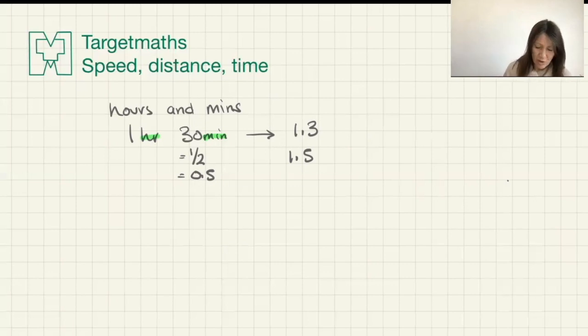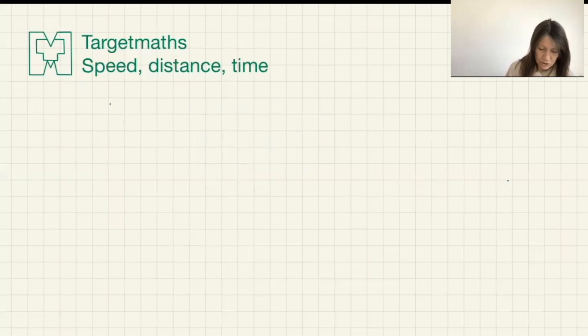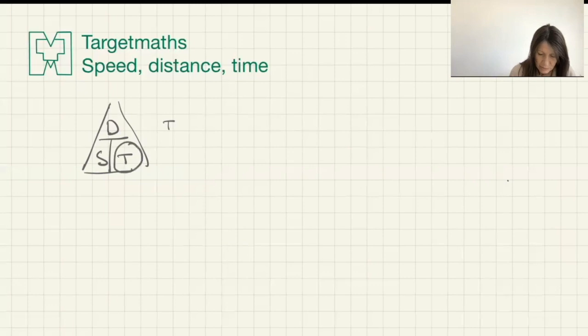As long as you know exactly what you're doing, which is you draw it, you put D on top, and then if they want the time, okay, so if they want that, you will be doing distance divided by speed.